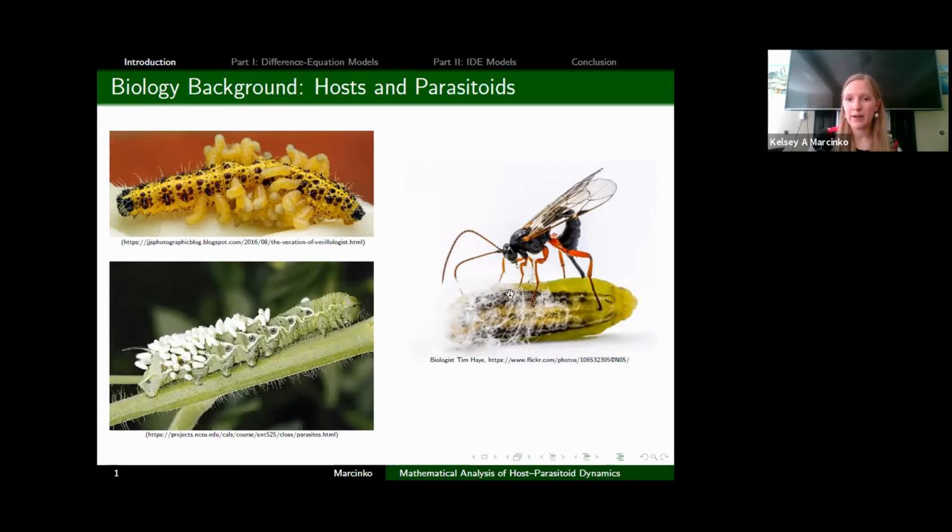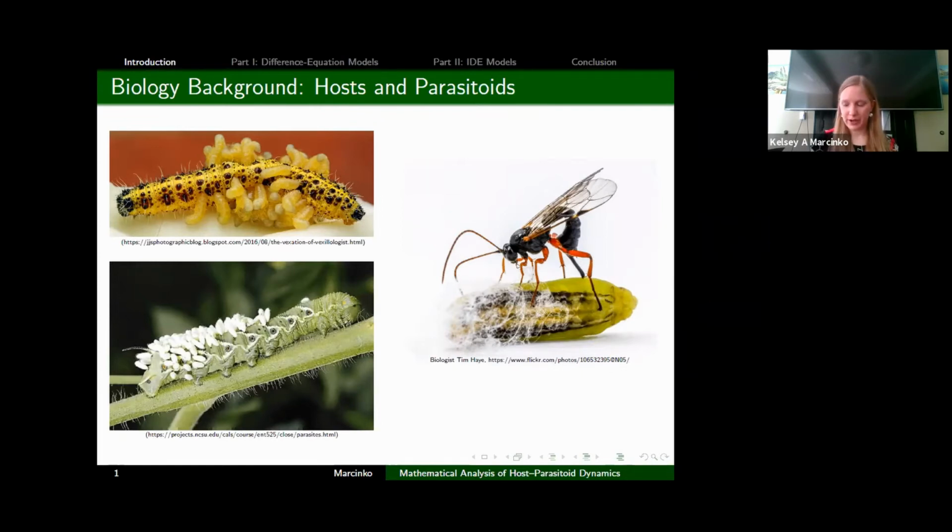So Mark alluded to this a little bit, but we are interested in host and parasitoid dynamics, partially because parasitoids are incredibly abundant in the world. Estimates say that somewhere between 4 and 10% of all multicellular species in the world are actually parasitoids.